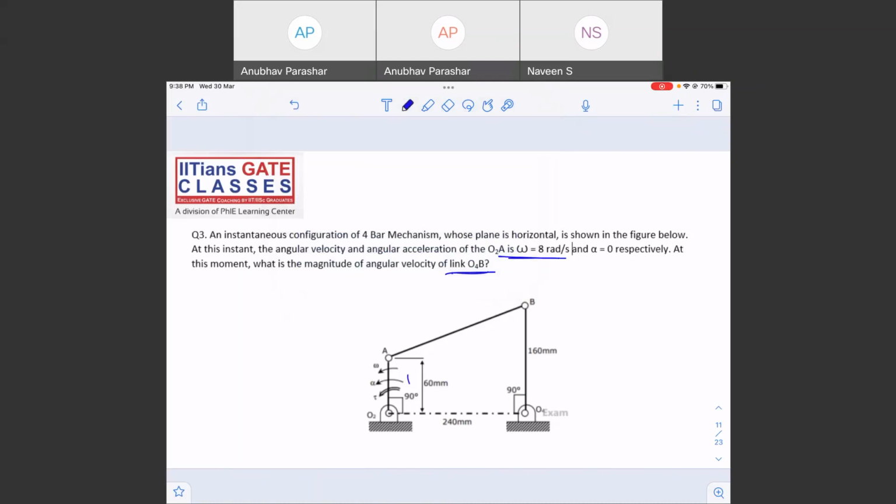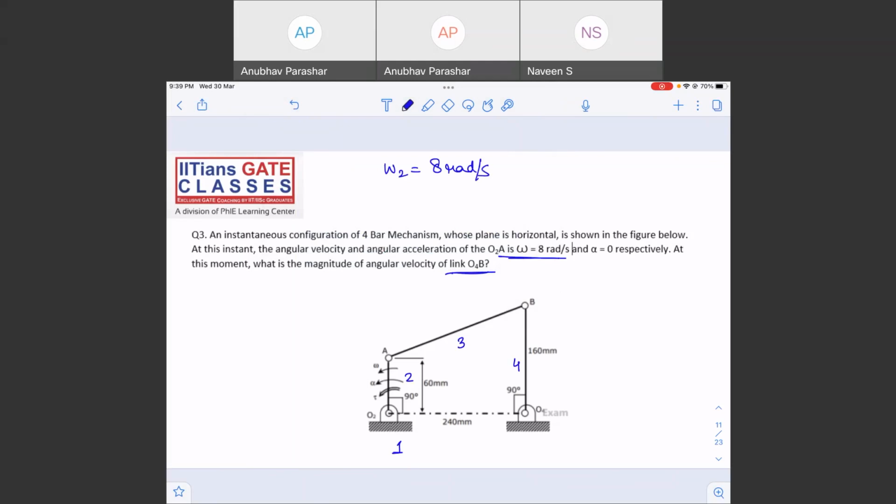So let me mark the links. One will always be the fixed link. Always remember, we mark the fixed link as one. This is link two, this is link three, and this is link four. What is given to us is O2A, that is omega 2, as 8 radian per second.